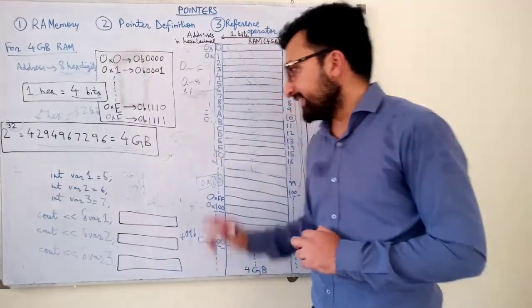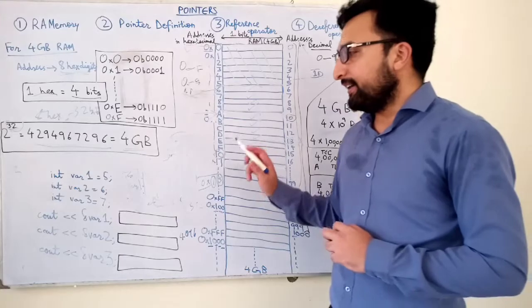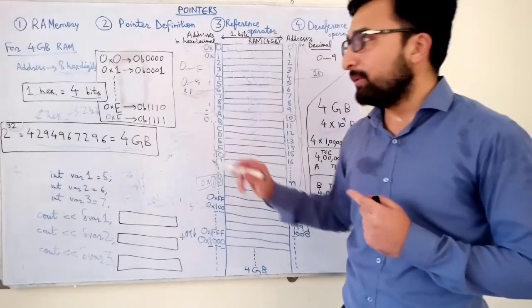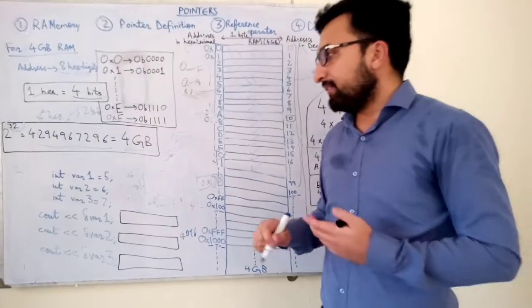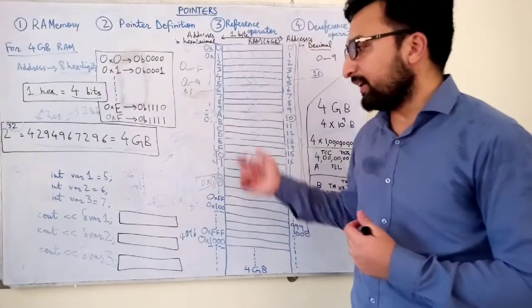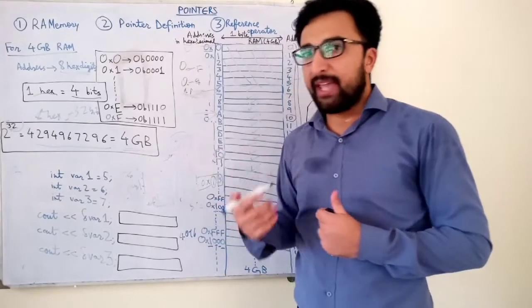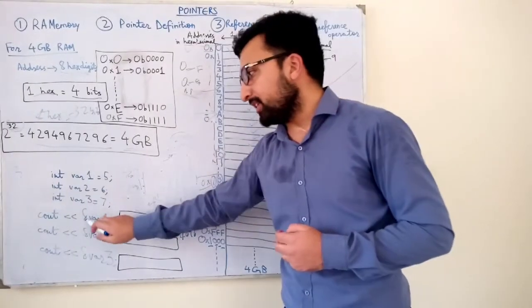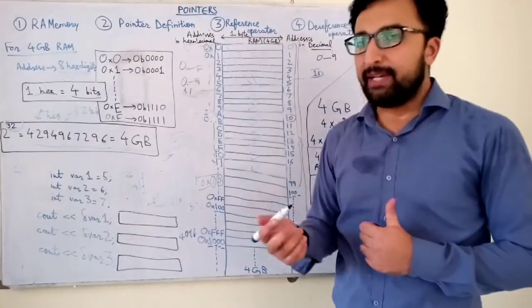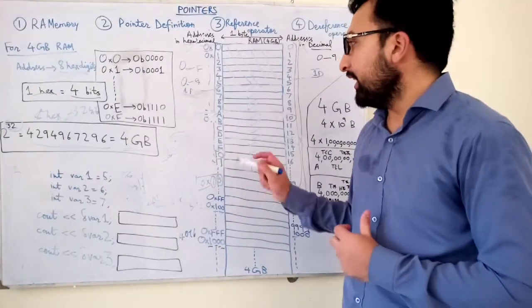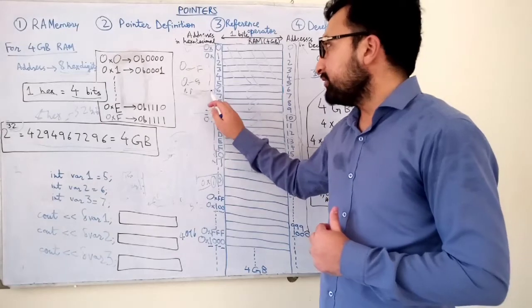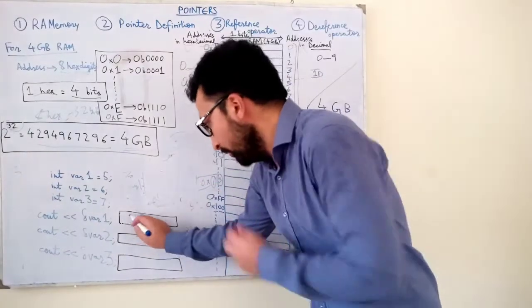When we want to access these addresses, we know that these addresses will be in 8 hexadecimal digits, and they can be accessed when we put the ampersand sign before the variable name. For example, we write ampersand VR1, so it gives this particular address.